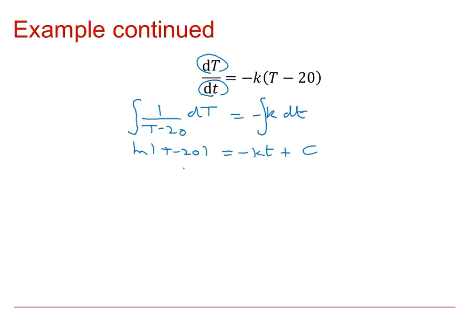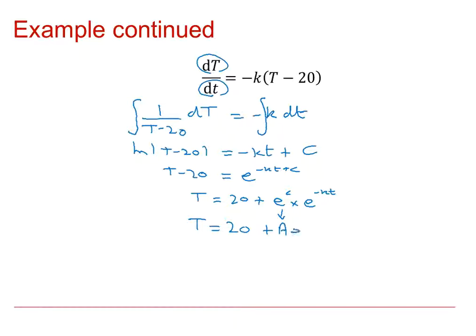You do not need one on both sides. If we know what ln|T minus 20| is, then T minus 20 is e to the minus kt plus c. And a couple of things we can do here. We can add 20 to both sides, but we can also write this as e to the c times e to the minus kt, which gives us a general solution of T is 20 plus, and I'm going to replace e to the c with a different constant.